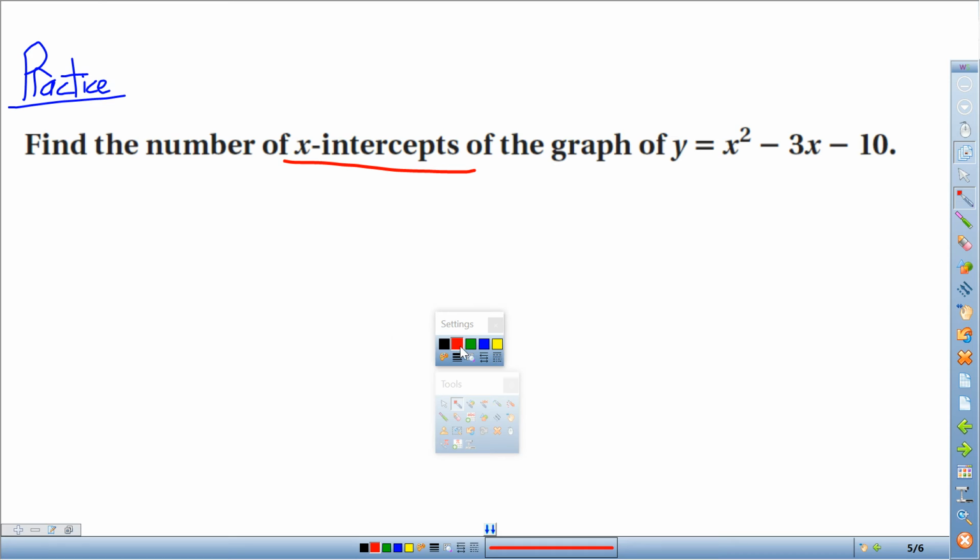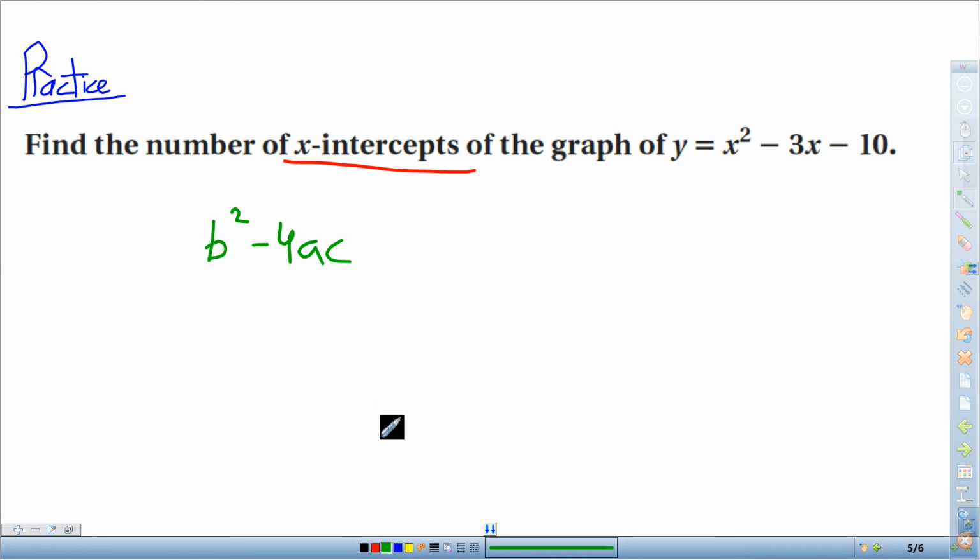Plug it into the discriminant, which again is b squared minus 4ac, and see what you get. My b value is -3, so I have -3 squared minus 4 times a, my a value is that invisible 1, times c, which is -10. -3 squared is 9. -4 times 1 times -10 gives me a positive 40.